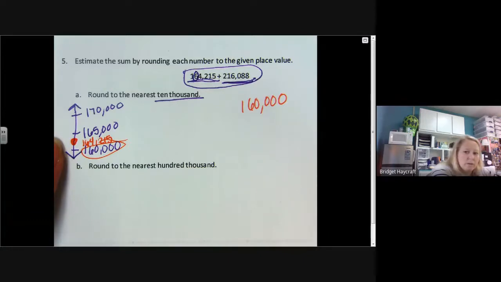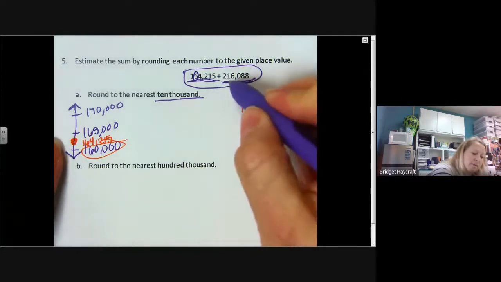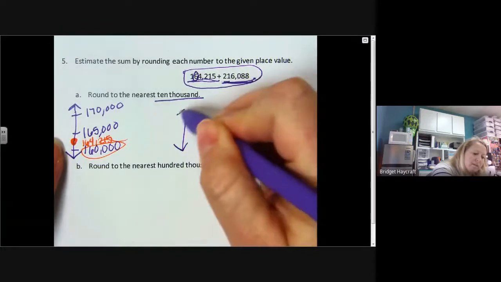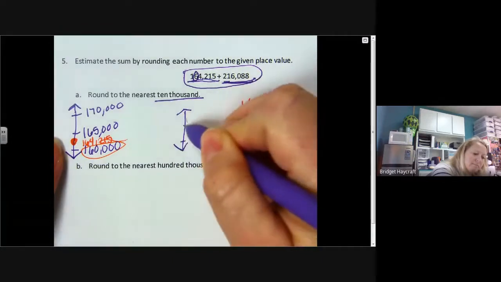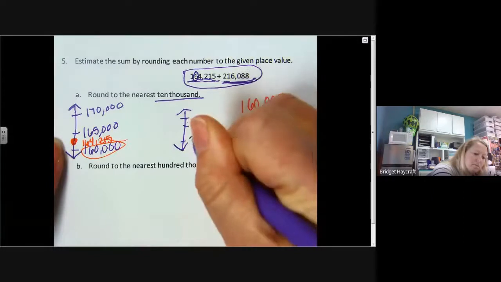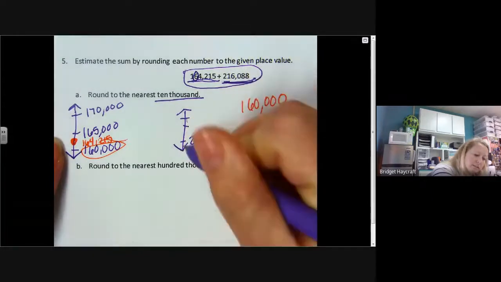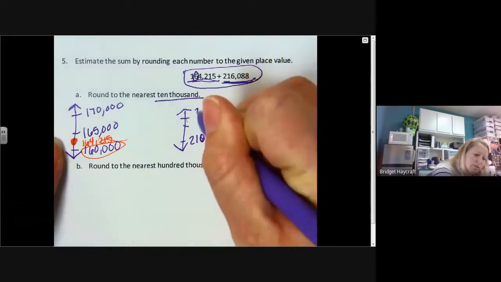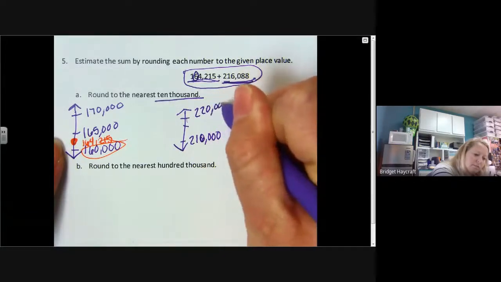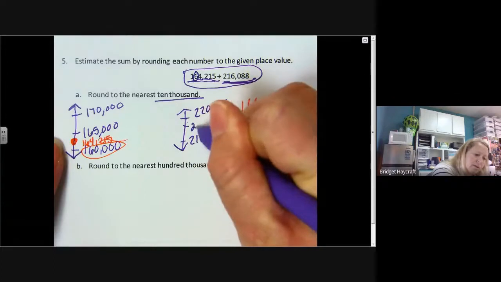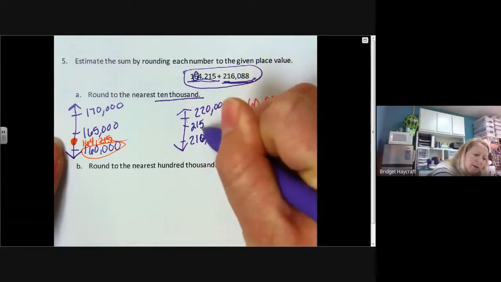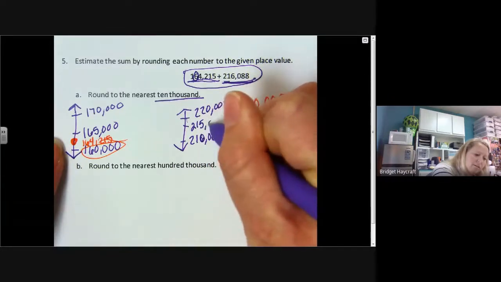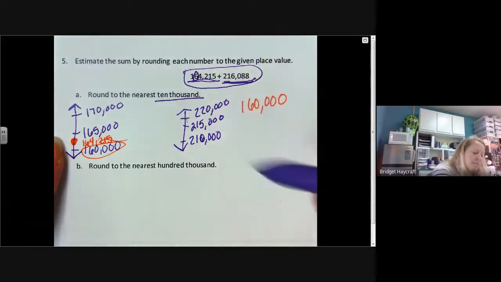All right, so yes, the 1 is there, but we have to include everything in front of that. So when we make that vertical number line, we have 21 10,000s. One more is 22 10,000s. Halfway in between, we put the 5 right behind the 10,000 because it's half.